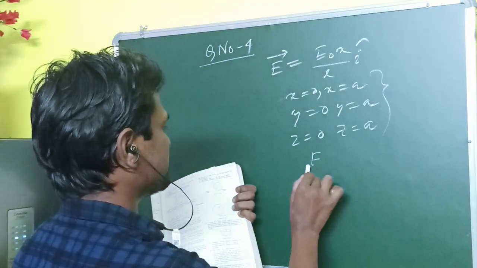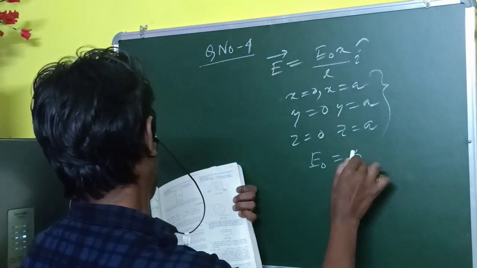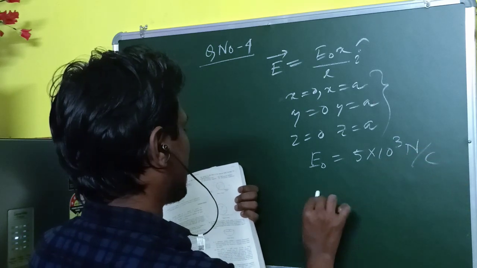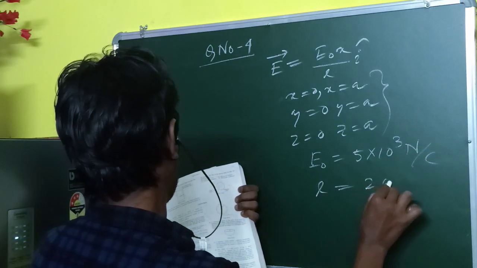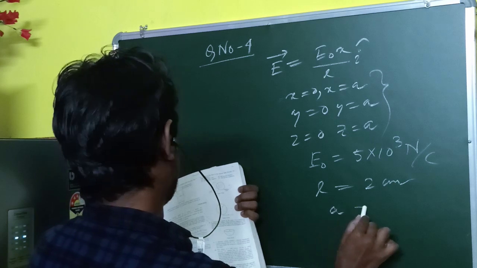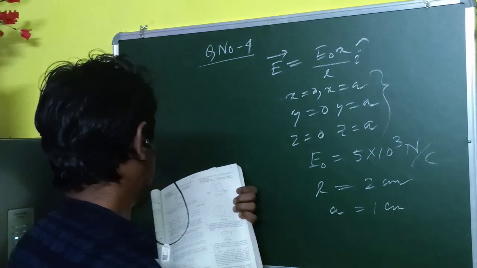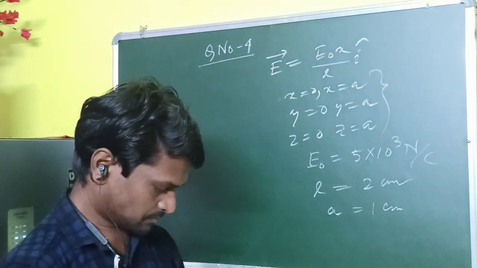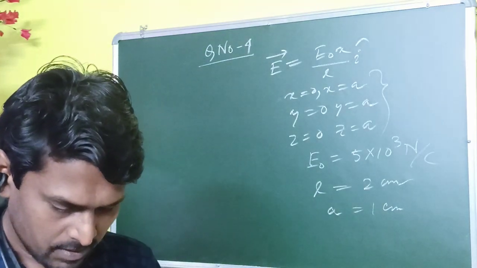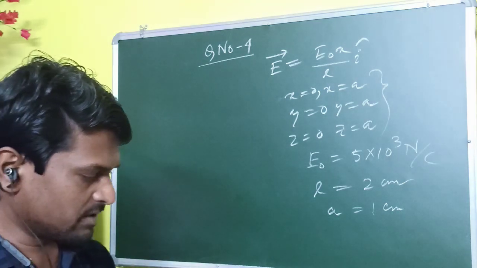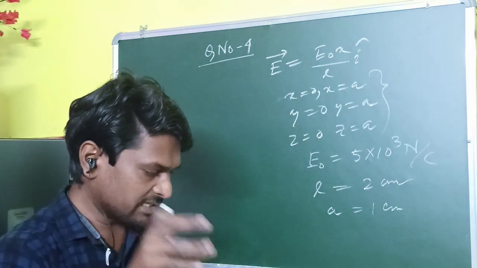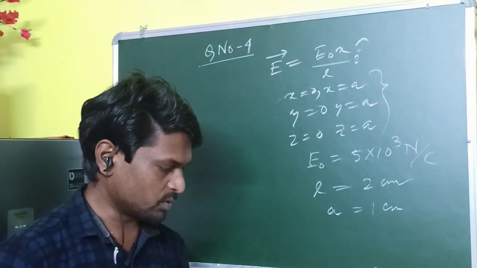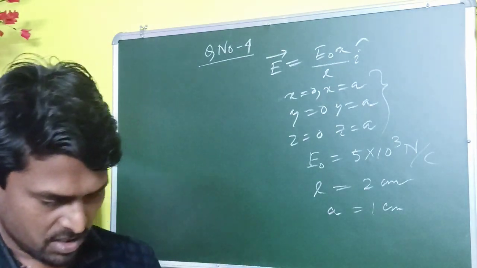E naught is given, E naught equals 5 into 10 to the power of 3 Newton by Coulomb, the length L is 2 centimeter, and a is given as 1 centimeter. The electric field in a region is given, and find the charge content inside the cubical volume. What is the amount of charge content within that volume bounded by those surfaces?